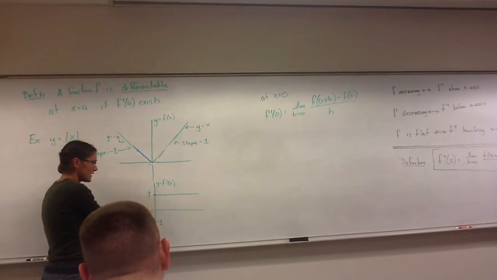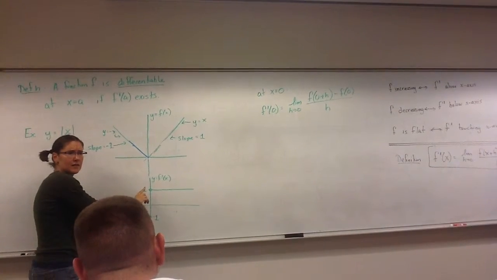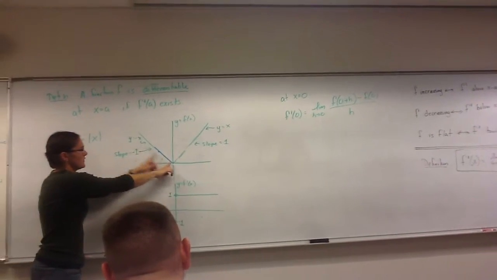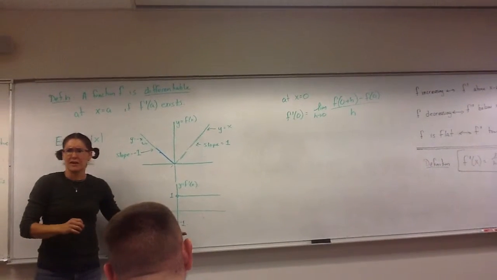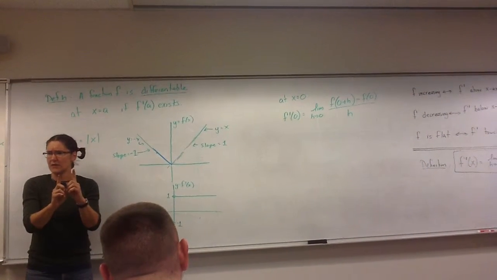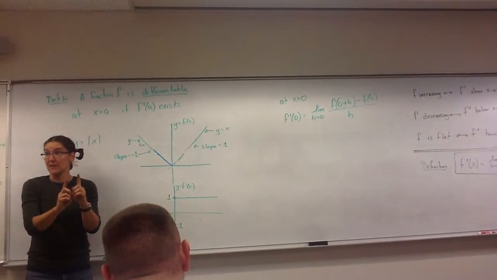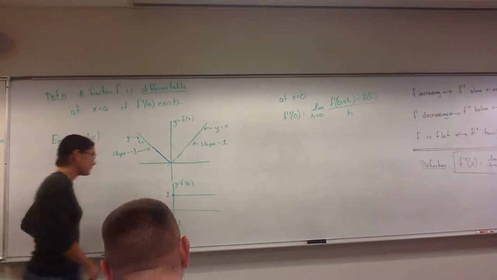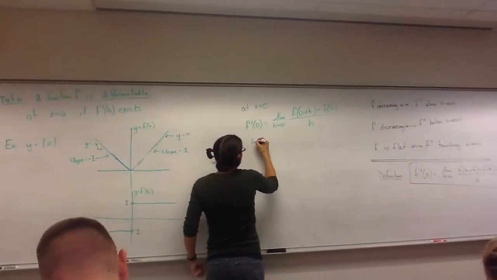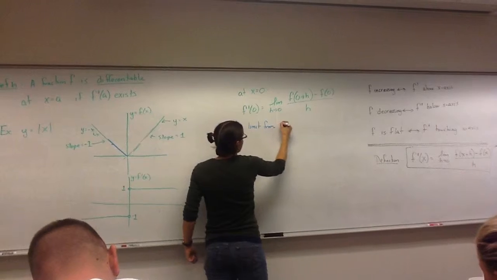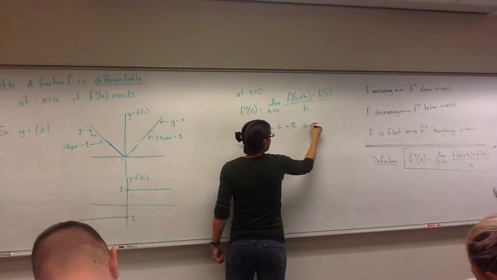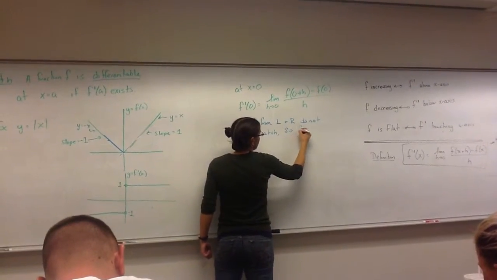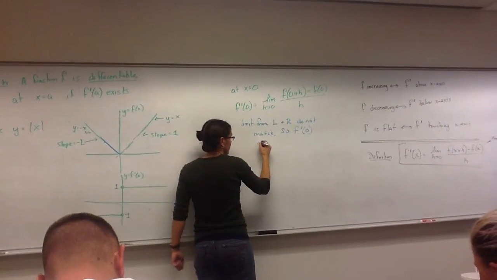So as we approach x equal to 0 from the right side, our slope is approaching 1, and as we approach 0 from the left side, our slope is approaching -1. Since our limits don't match from the left and the right side, the limit does not exist, which means that we have to leave these as open circles. So f prime of 0 does not exist.